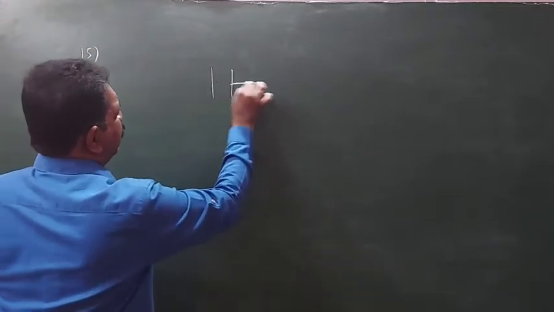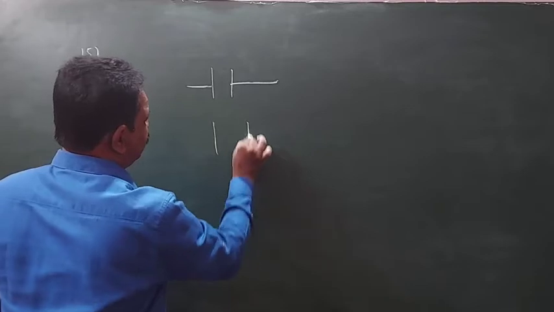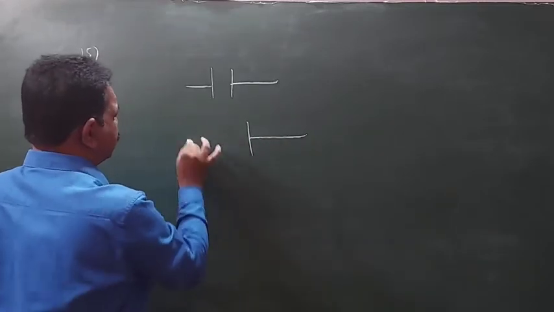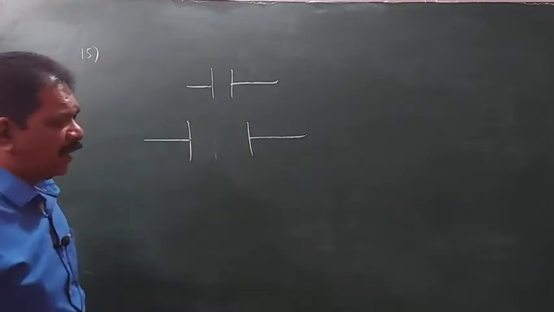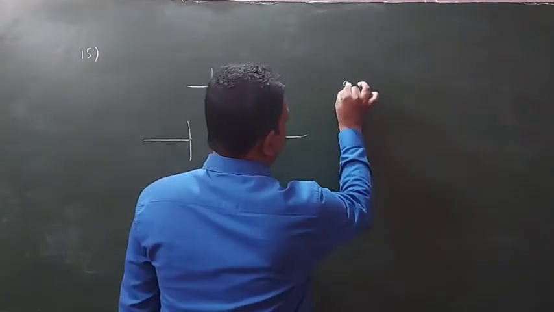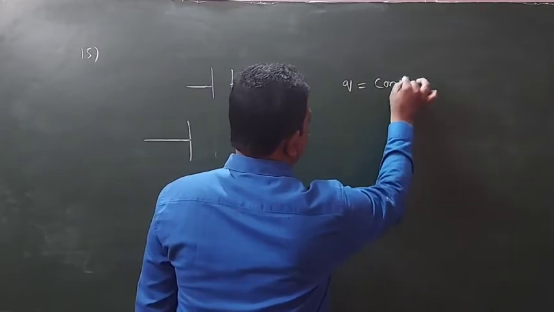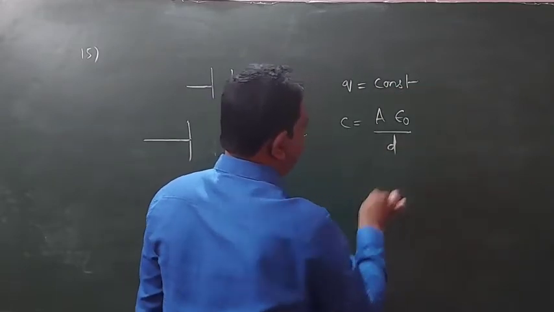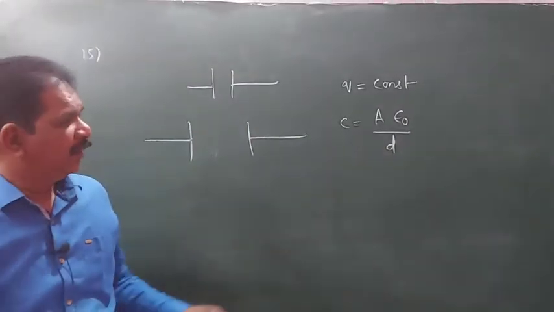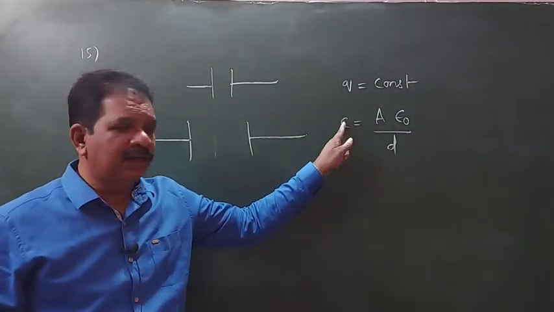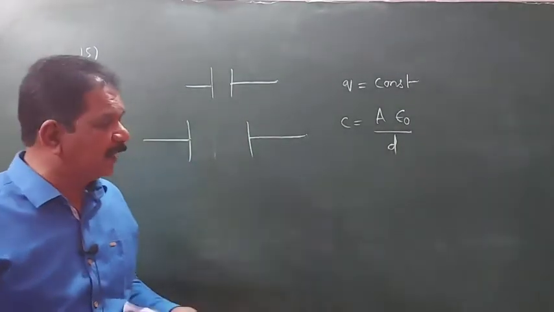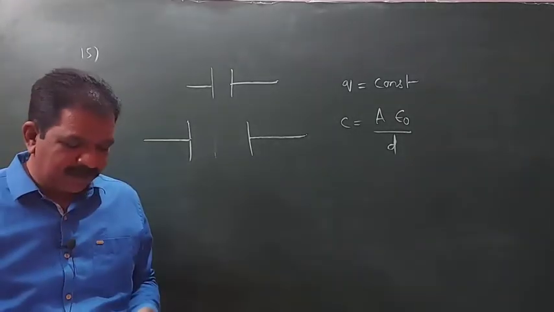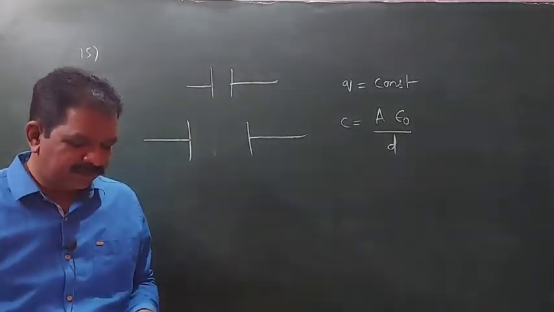This is a parallel plate capacitor. We increased the plate separation like this. So the charge will be the same, so the Q value will be constant. We know C is equal to A epsilon naught by D. Distance is increasing means capacity will decrease.